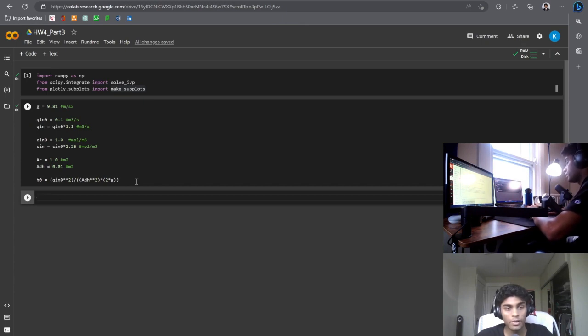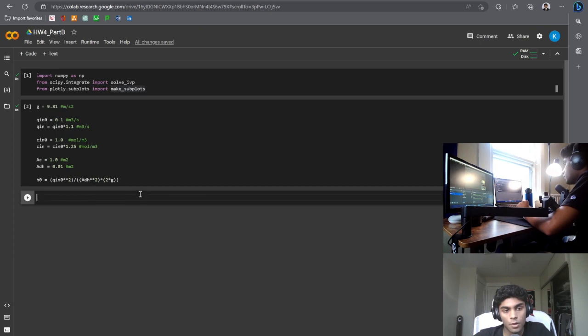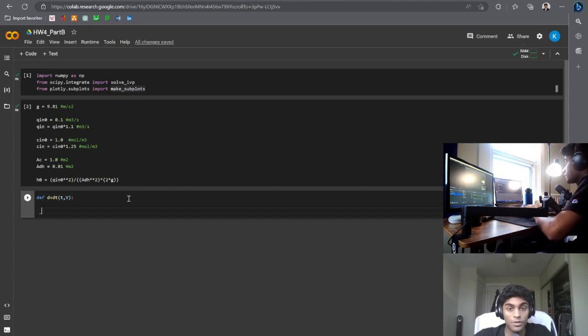Now we can go ahead, import our differential equation functions, and use solve IVP to simulate this tank. So we're going to define this function dv dt, where we have inputs of time and volume. First things first, we're going to unpack this into the height and concentration.